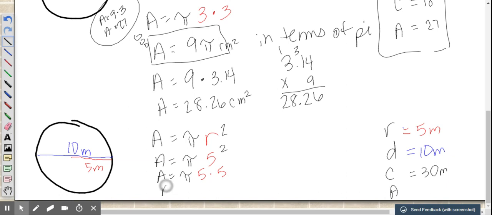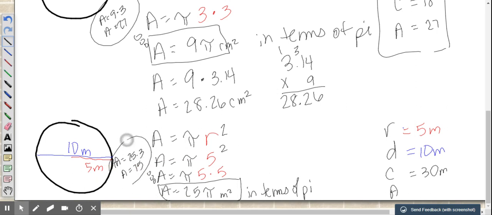So our area is 25 pi. Remember what that's called? In terms of pi. Okay, we can do a little quick estimate. 25 times pi is close to 25 times 3, which is 75. So our area is close to 75.